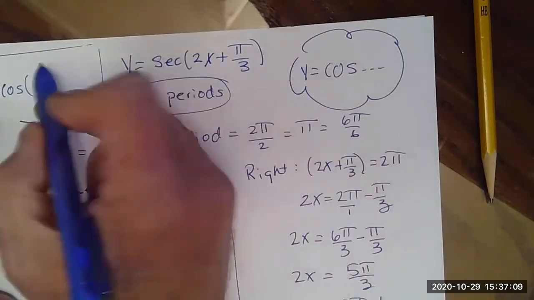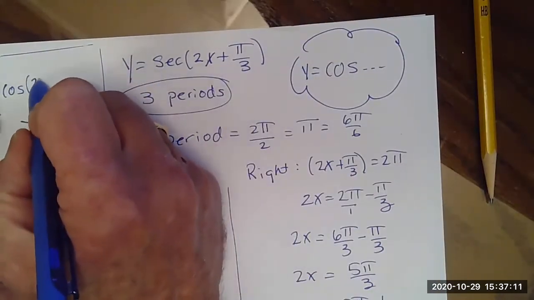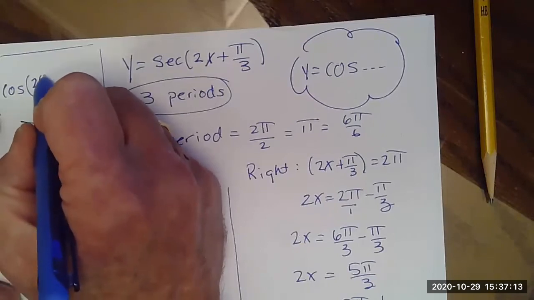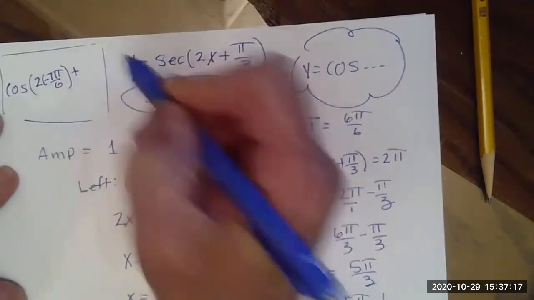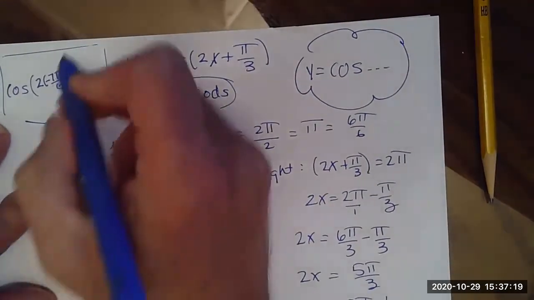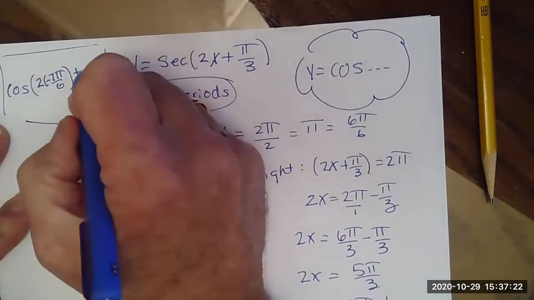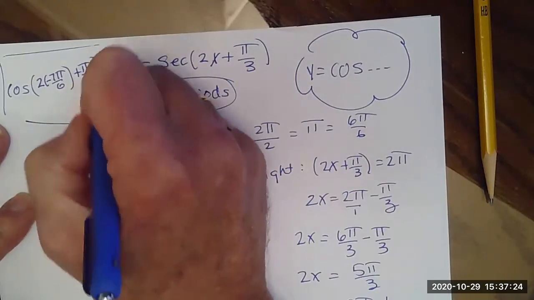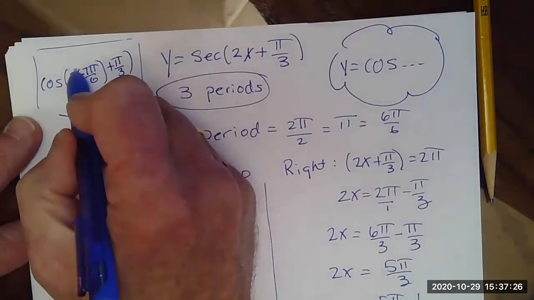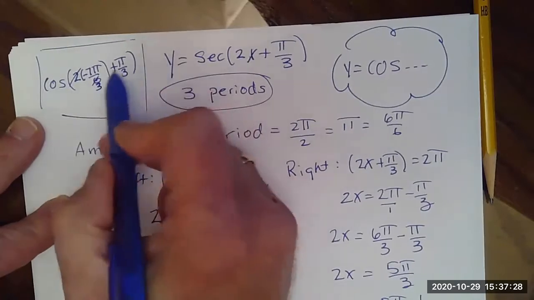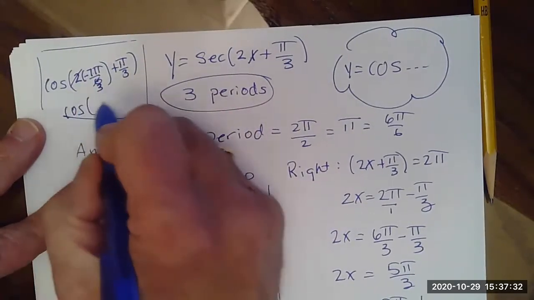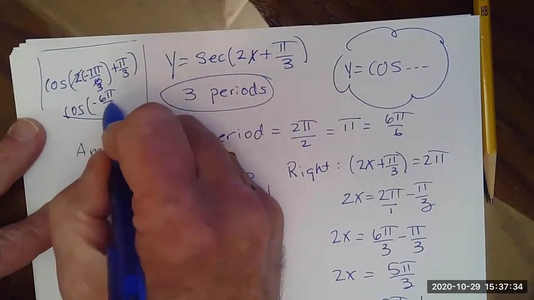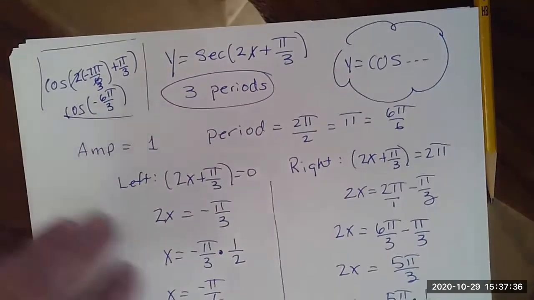Cosine. All right, so 2 times -7 pi over 6, and then I just want to make sure at the end it becomes 0. pi over 3? Yeah, pi over 3. So that cancels. That's a 3. So -7 plus 1 is -6. Cosine of -6 pi over 3, which is -2 pi.